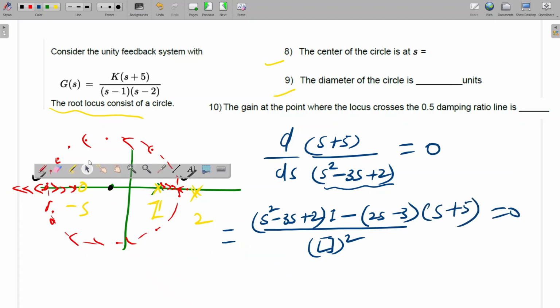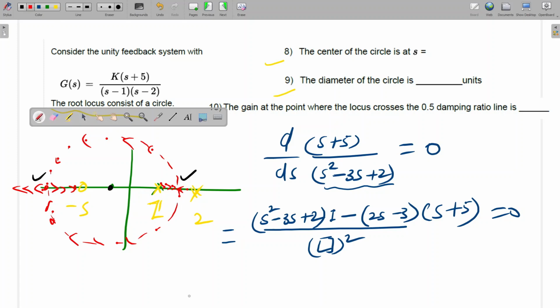Okay, so if we simplify this one, this will be equal to s square minus 3s plus 2 minus 2s square, this minus 2s into s, plus here it will be 3s. Again, minus 10s, plus 15. Is it correct?